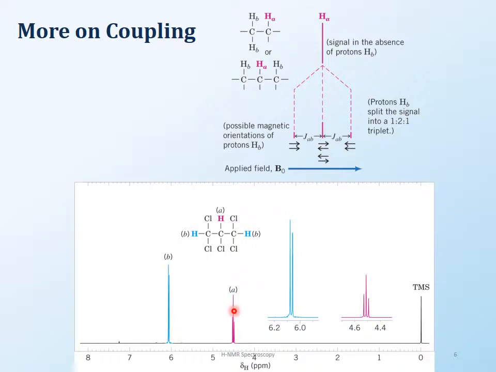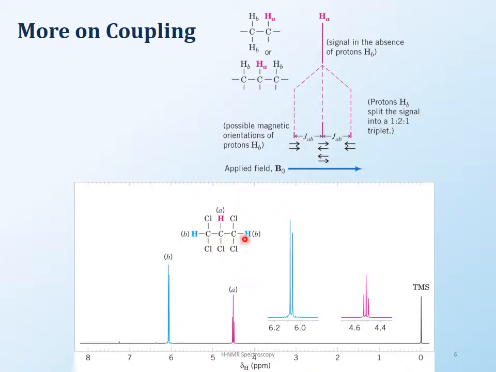Now let's talk about why we see the doublets and the triplets. What happens is that if you're looking at a proton, the proton can be aligned with the magnetic field or against the magnetic field. There are 2 ways that it can be aligned. The other possible combinations are for 2 protons, which are shown over here, those 2 B protons.